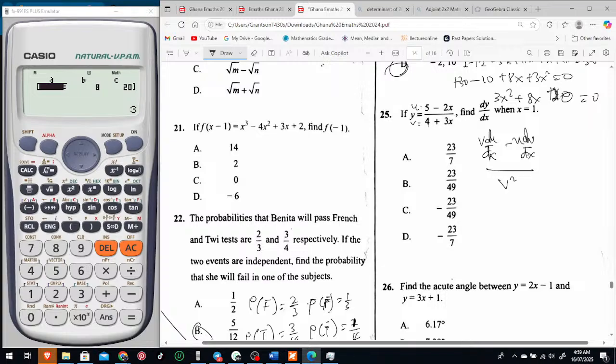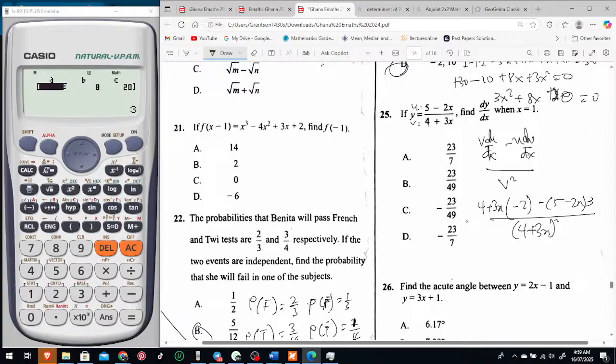So v is 4 plus 3x, times the differential of u, which is negative 2, minus u, 5 minus 2x, times the differential of v, which is 3, all over 4 plus 3x squared.